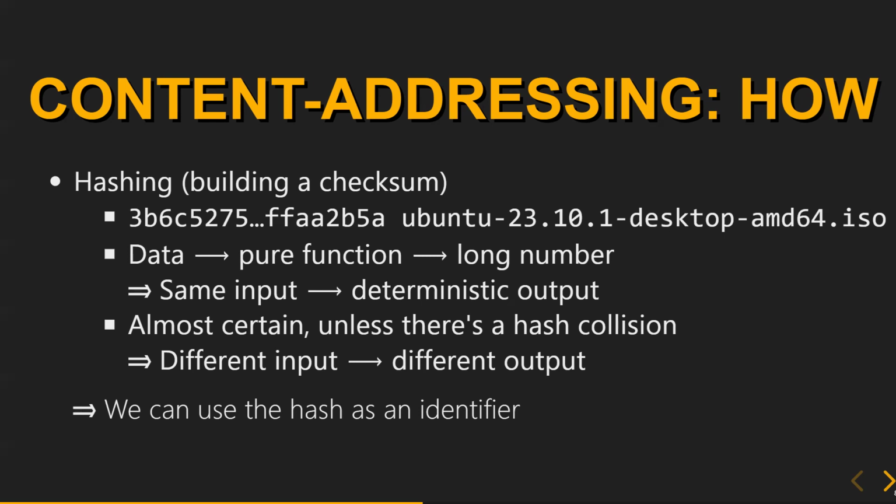So it's just big enough for practical systems. You can be certain enough. And this is also what systems like IPFS say: it works. We can basically map from a number to the data and from the data to the number again. And this then leads to, we can use those hashes, those long numbers, as an identifier to really identify the content and be sure that if something has the same number, it's actually the same content.